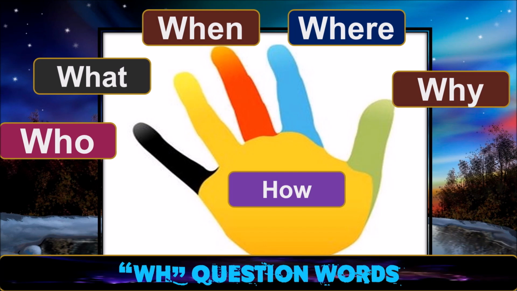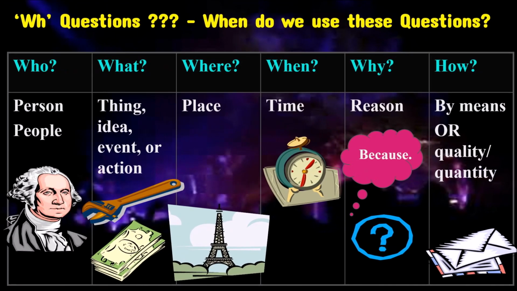So now let's see the various ways. Who, as I told you, is used to ask for persons or people, what for thing or idea or event or action, where for place, when for time, why for reason, how for by means or quality or quantity.